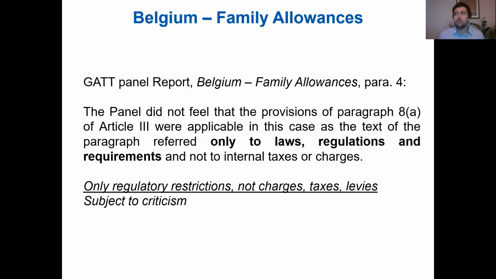So when determining the ways to discriminate a foreigner, it's much safer under the provisions of Article 3.8a to follow regulatory mechanisms and not to implement price-based mechanisms, payments, taxes, charges, because they may be found to be outside the scope of Article 3.8a because of the text, because of the way the provision is drafted.